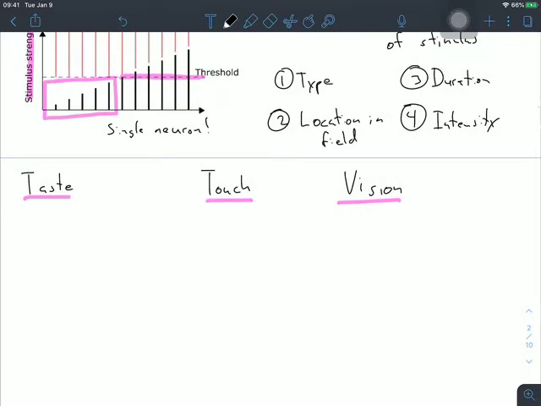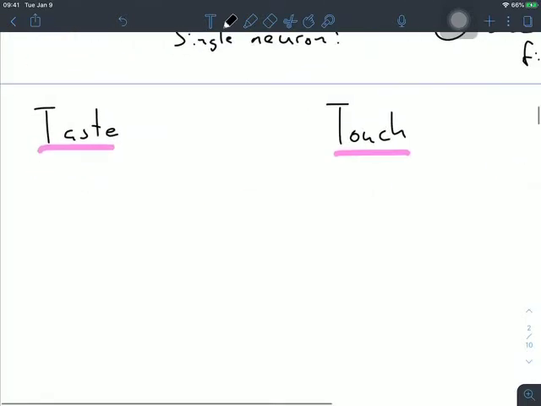So for the purposes of the exam, I don't need you to pay as much attention to the sense of smell, nor hearing. But they are mentioned in your book, so please feel free to read about them. Let's begin with taste, which is my favorite.